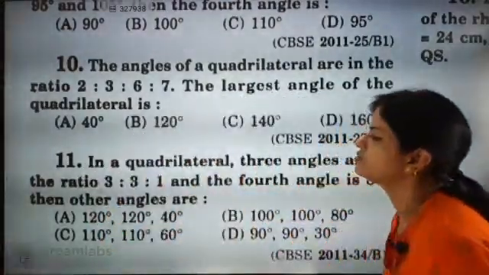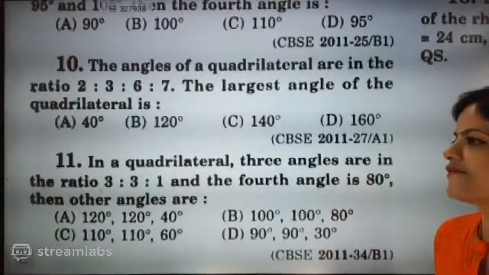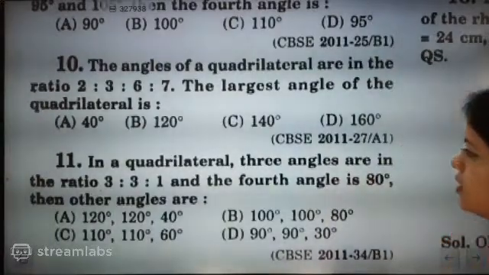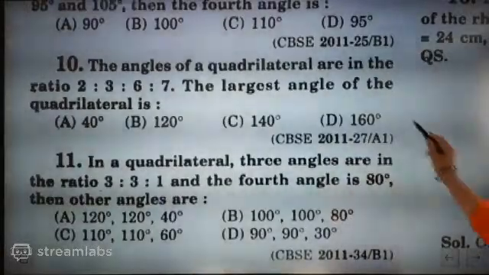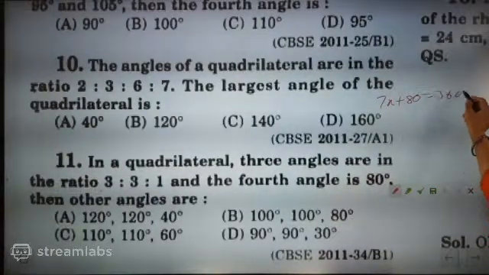331. Okay. So 3, 3, 6 plus 1, 7x plus 80 equal to 360.